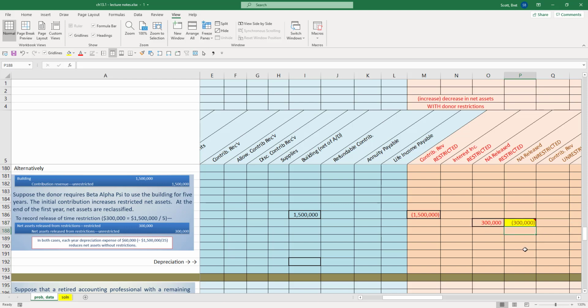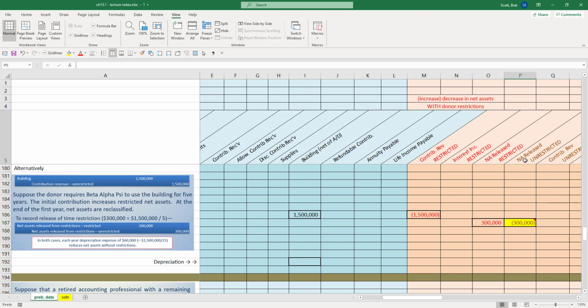Fair enough. We acknowledge that 1 year's gone by. What do we do next? Well, we can leave this alone. Once it gets into this orange category, it's now in the upper portion of our income statement. It will act the same way we would see a contribution revenue unrestricted.